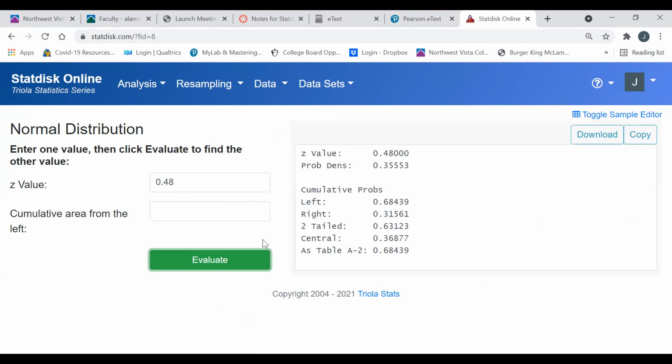Evaluate. I need the left area. 0.6844 is my answer, or 68.44% is my answer.